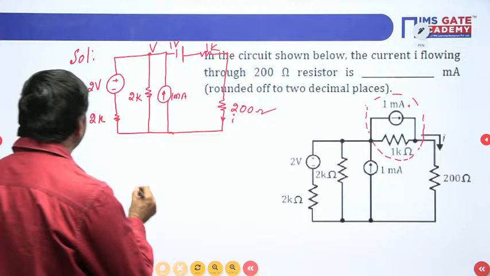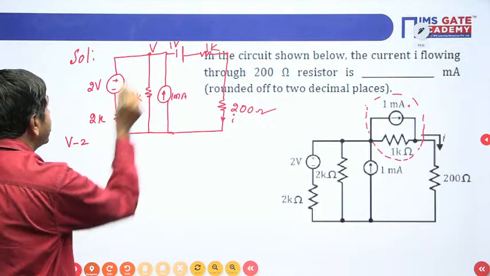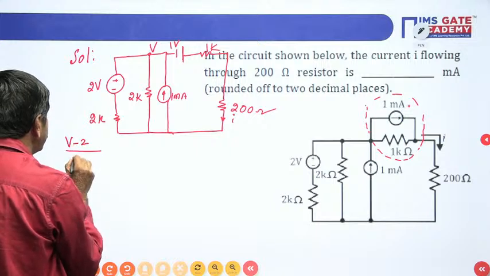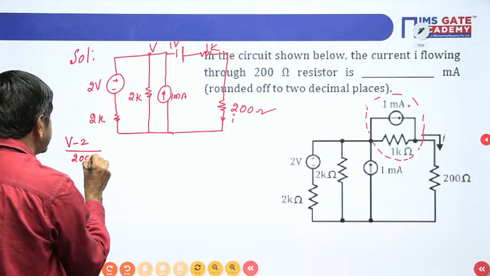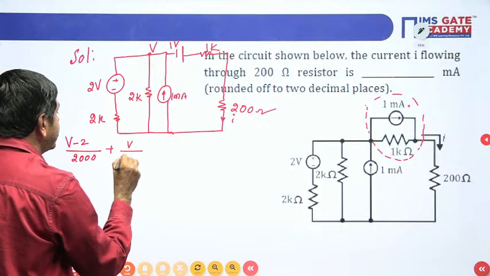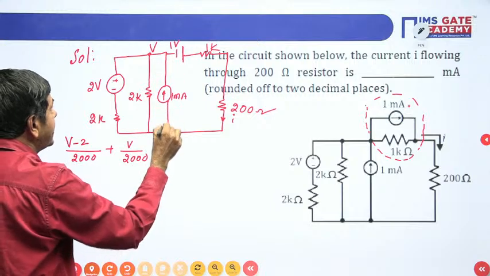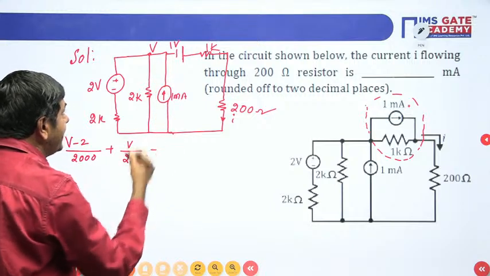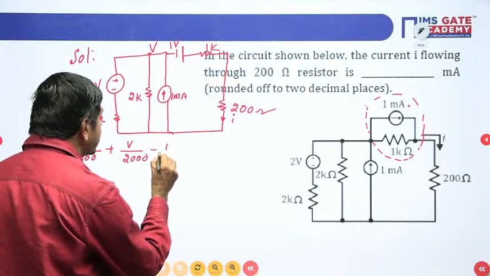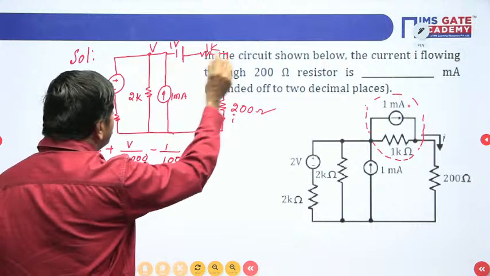How can we do nodal analysis? V minus 2 divided by 2K, means 2000, you know very well, plus V by 2000 I can write here. This current is reverse, so minus 1 milli. 1 milli means 1 by 1000 I can write. What about this current?